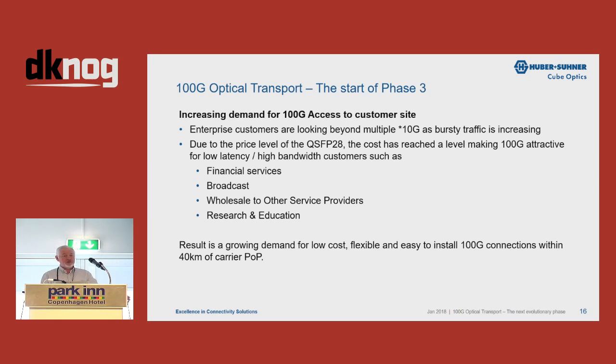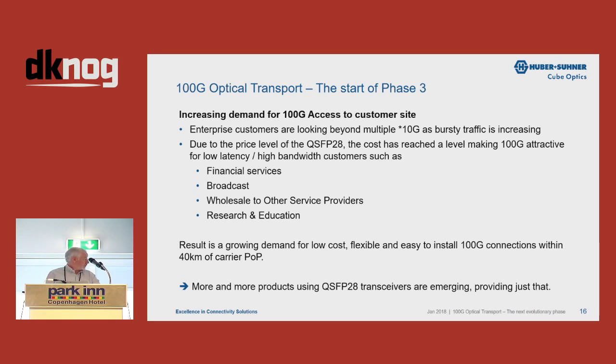We're seeing a growing demand for low-cost 100 gig applications within 40 kilometers of the carrier pop. And why not do it on a QSFP28-based transceiver platform? Because that's going to be far more cost-effective than a CFP, CFP2 transponder-based solution.